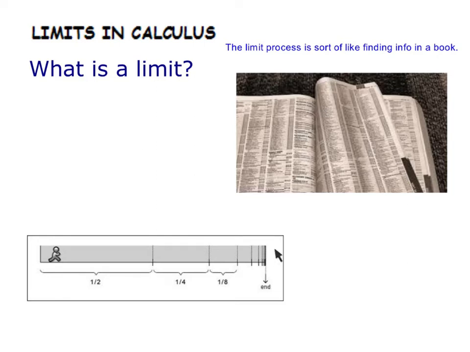And the question becomes, will I ever reach the wall? Well, yeah. I mean, my nose is going to hit the wall, right? So physically, I will hit the wall. Mathematically, however, will I hit the wall? So there's the paradox. Mathematically, no, you'll never reach the wall. And that's the idea of a limit, that you're taking infinitely smaller and smaller slices as you reach your destination, and you do it from one side and the other.